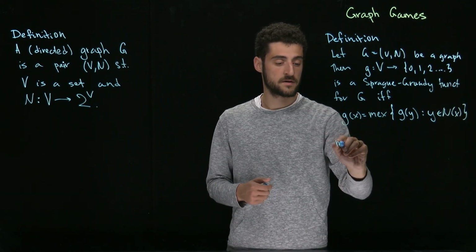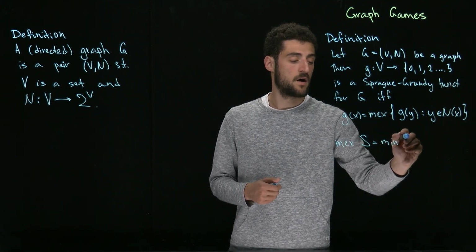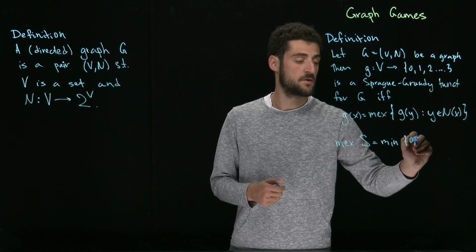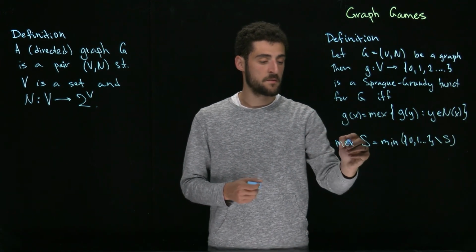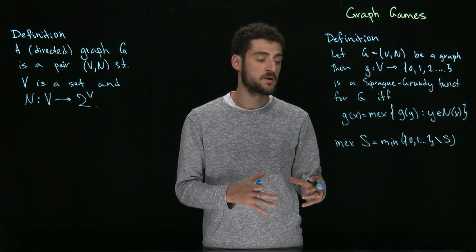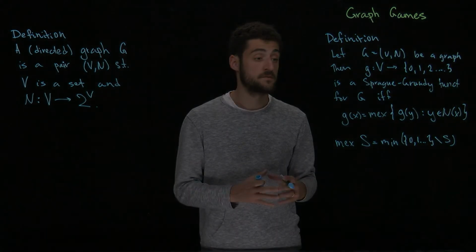And mex of a set S is the minimum of the set 0, 1, etc. minus S. In other words, mex of S is the minimal non-negative integer that belongs to the complement of S, or doesn't belong to S.